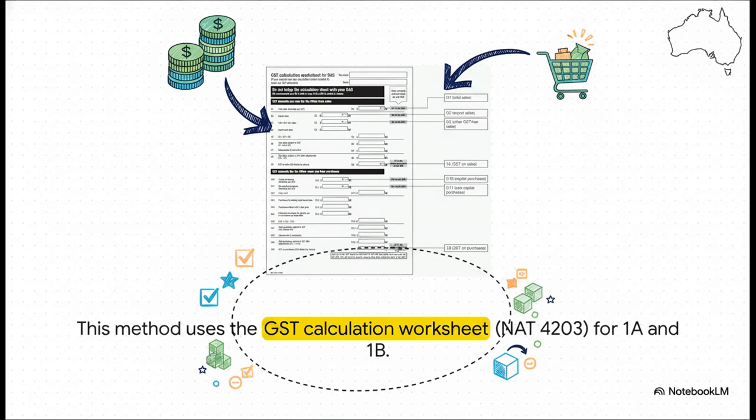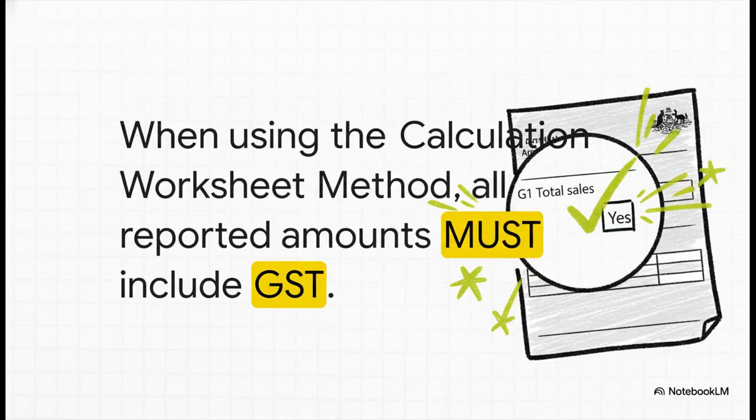It takes you through a whole series of calculations to make sure you land on the right numbers for your final GST figures at labels 1A and 1B. Now pay close attention because this is a huge, non-negotiable rule for this method, and the source really emphasizes it. Unlike the accounts method where you had a choice, when you use the calculation worksheet, every single amount you report on your activity statement must be GST inclusive, no exceptions.